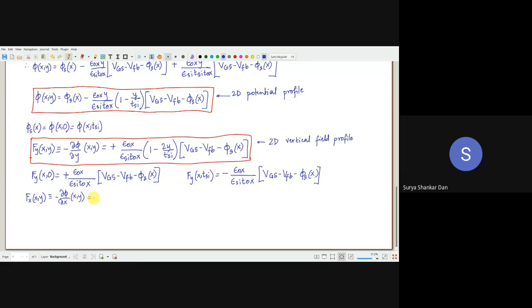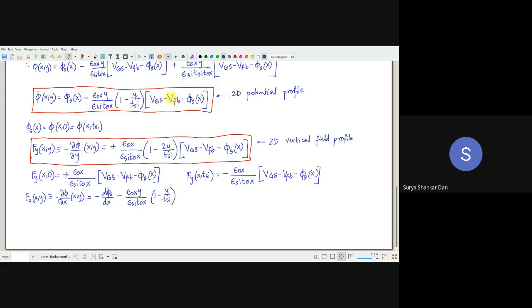So I'll simply put minus d phi_s dx. All these terms are independent of x, so I'll simply put epsilon_ox y by epsilon_si t_ox, 1 minus y by t_si.